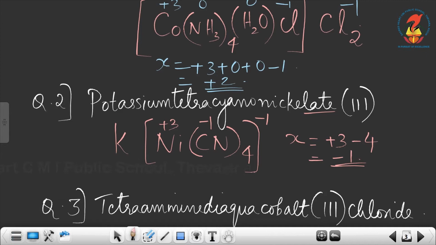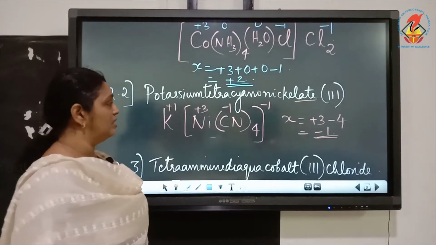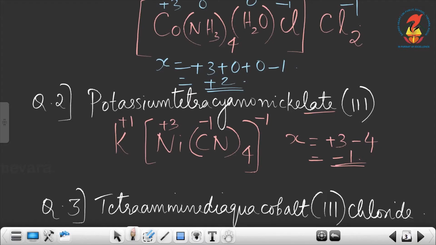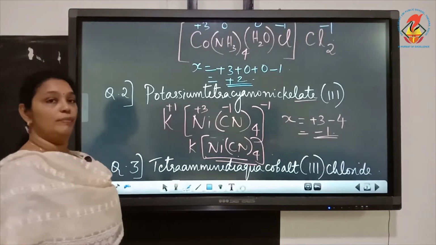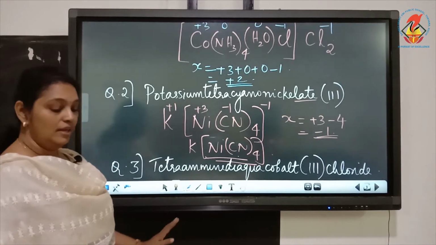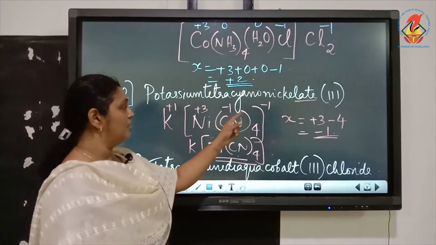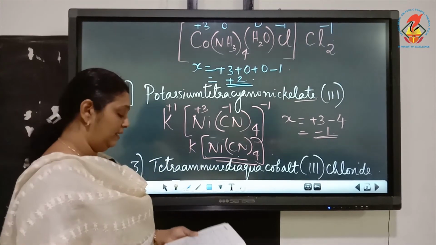So if this is -1, how many potassium should be there? 1, because we know the charge of potassium is +1. So what is the formula of the compound? K[Ni(CN)4]. So this is the formula of the compound. Okay, because we need only 1 potassium as the charge on complex is -1.